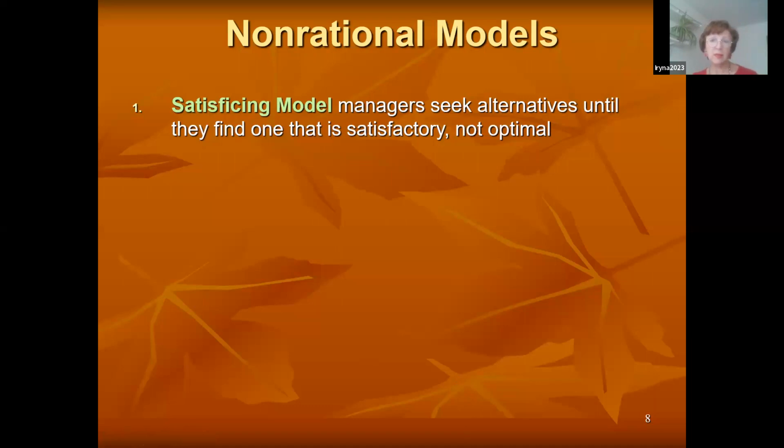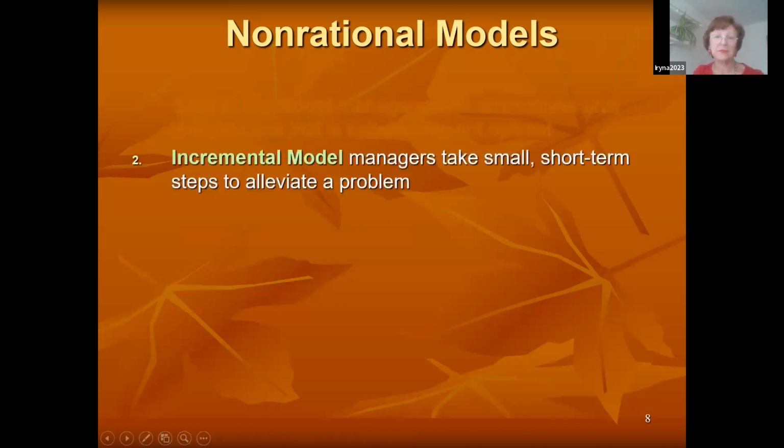Actually, this satisficing model was developed quite a time ago, in the 50s of the 20th century, by Nobel Prize winning economist Herbert Simon. So managers seek alternatives only until they find one that looks satisfactory, rather than seeking optimal decisions.